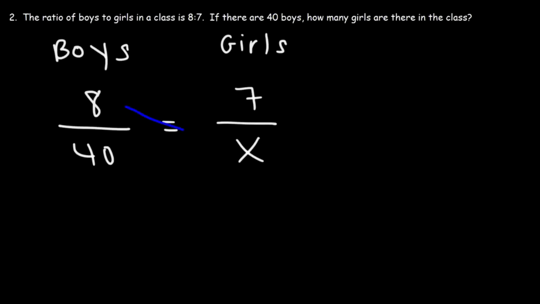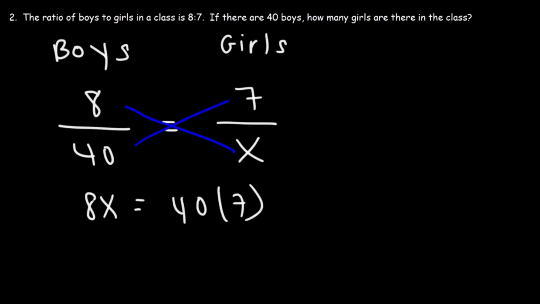Let's cross multiply. So this is going to be 8 times X, and that's going to equal 40 times 7. Now we could multiply 40 by 7. 4 times 7 is 28. Add the 0, you get 280. But it's easier if we rewrite 40 as 8 times 5.